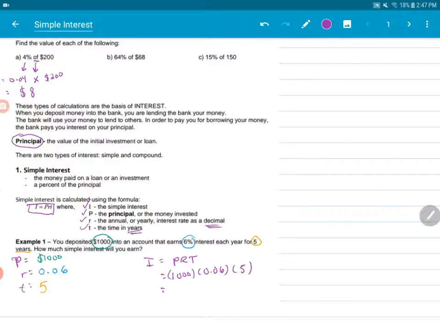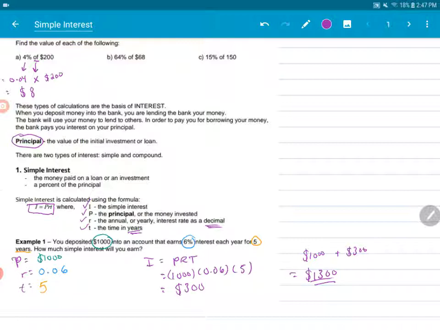Put that all into your calculator: 1,000 times 0.06 times 5. And that means that you have earned $300 in interest. If you want to know how much money you have in total, you can take that 1,000 and add the interest to it, and now you know you have a total of $1,300.